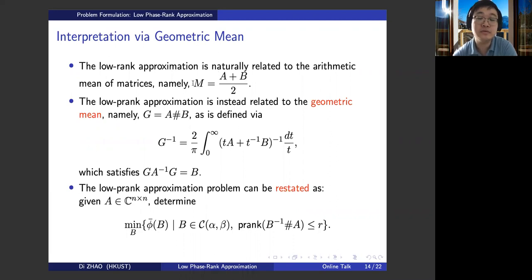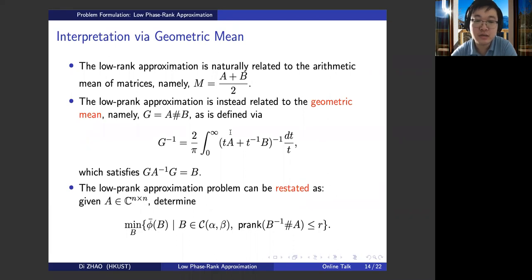In the low rank approximation, we measure the error between A and B using A minus B, and then take the norm. And A minus B is just A plus the opposite of B. So we get the intuition that the low rank approximation is related to the arithmetic mean.